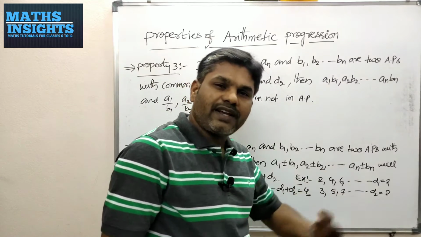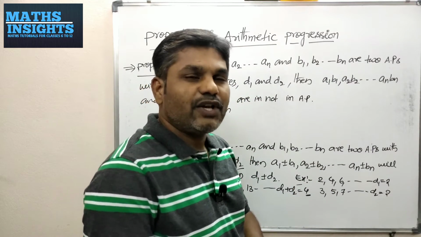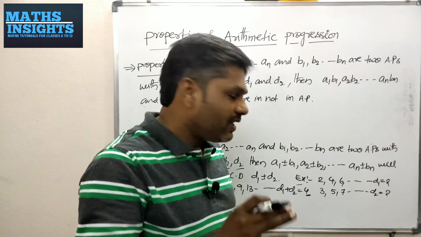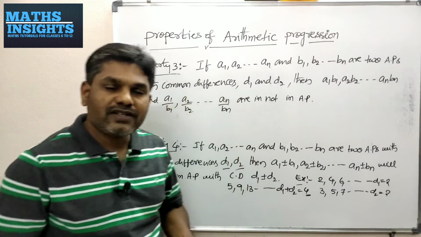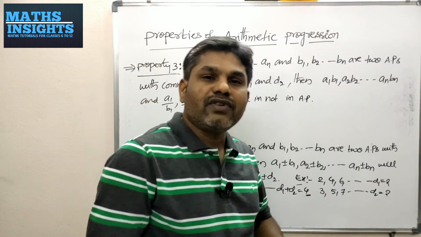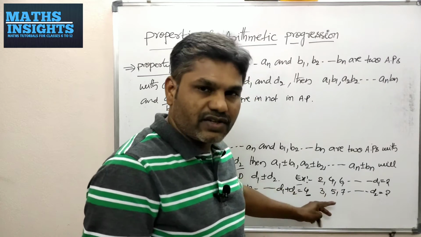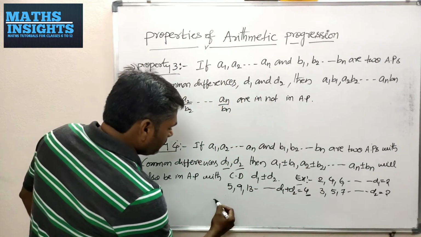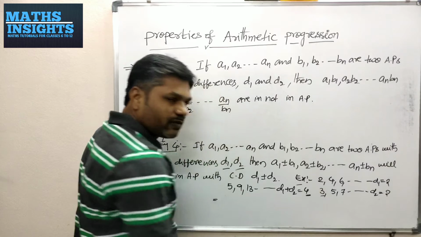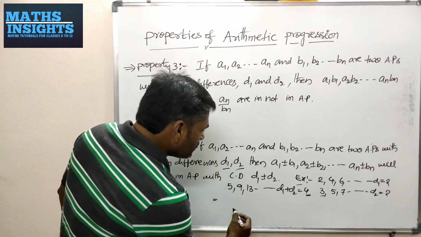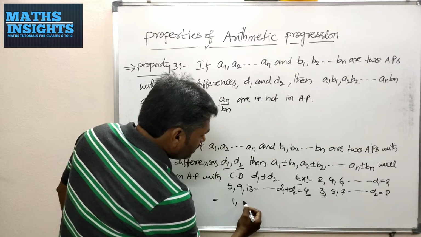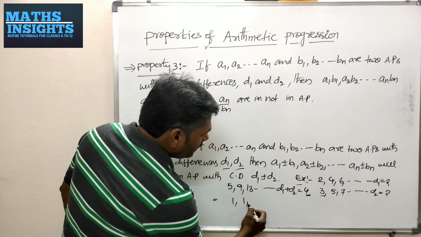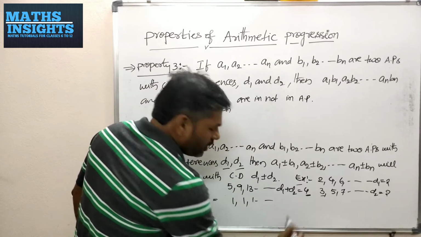Similarly, on subtraction of the corresponding terms, you will get an AP with a common difference D1 minus D2 or D2 minus D1. That depends on your subtraction. I am subtracting the second AP from the first AP. 3 minus 2 is 1. 5 minus 4 is 1. 7 minus 6 is 1, and so on.